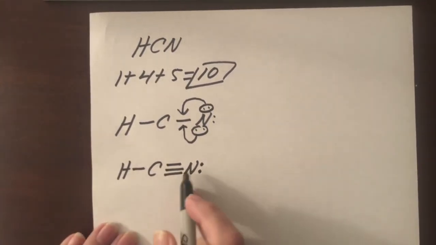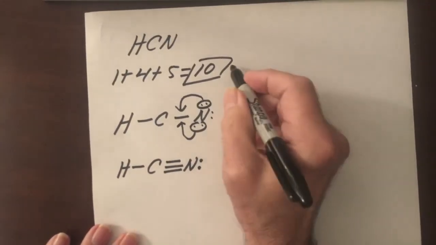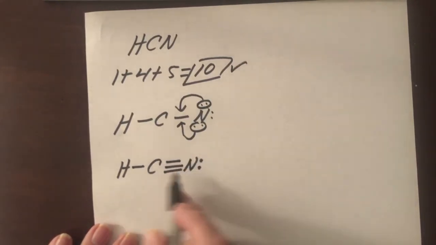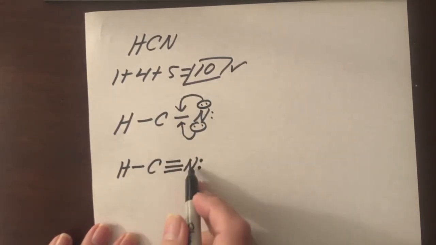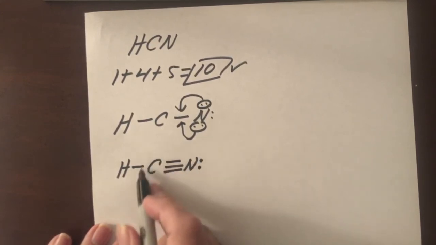Okay, so now I've used 2, 4, 6, 8, 10 electrons, and every atom except hydrogen is surrounded by 8. Carbon has 4 bonding pairs, nitrogen has 3 and 1 lone pair. Nonetheless, each has 8 around it.